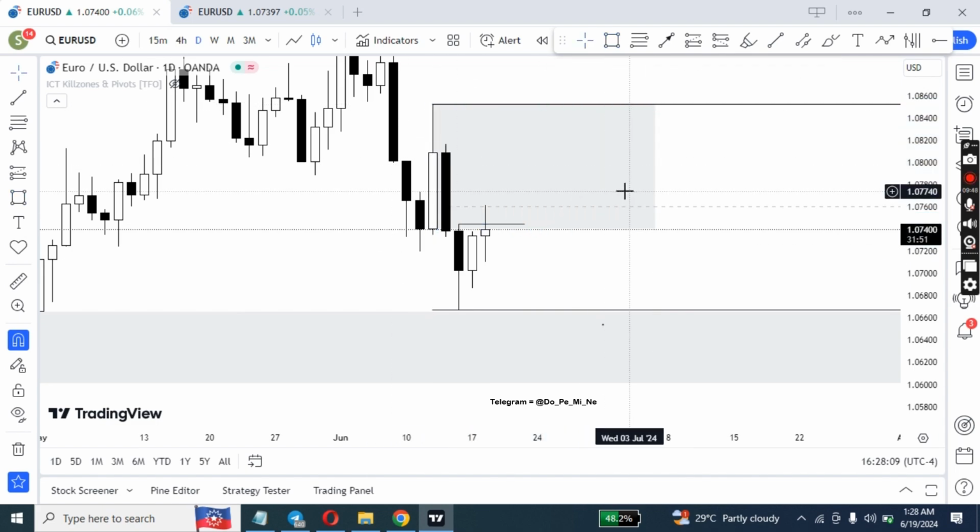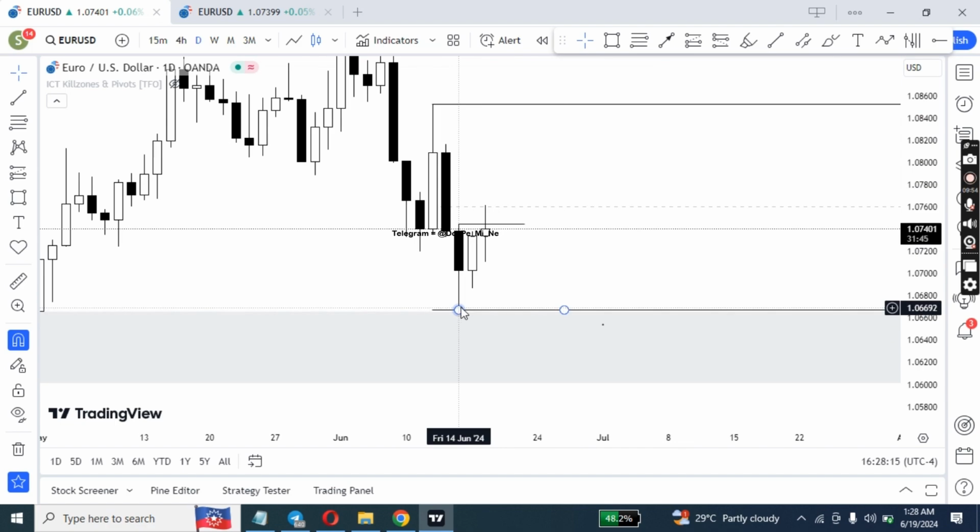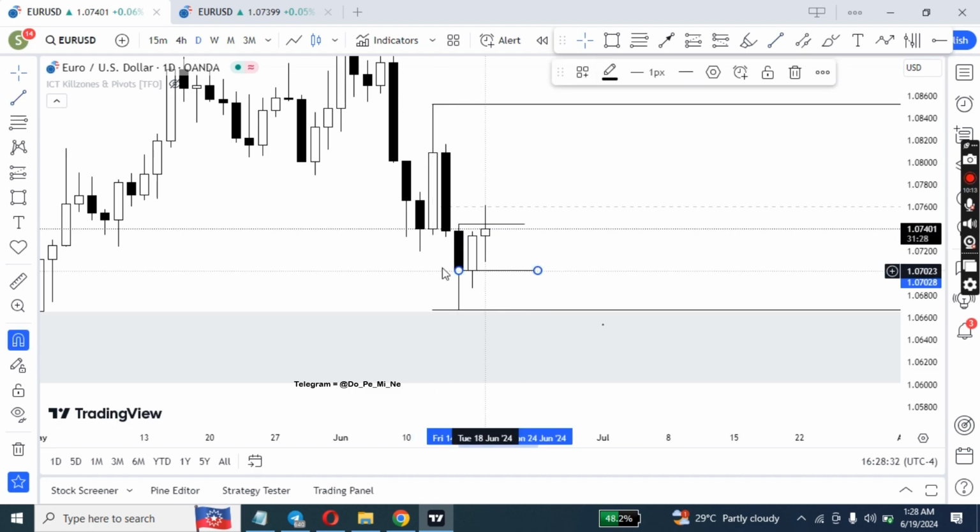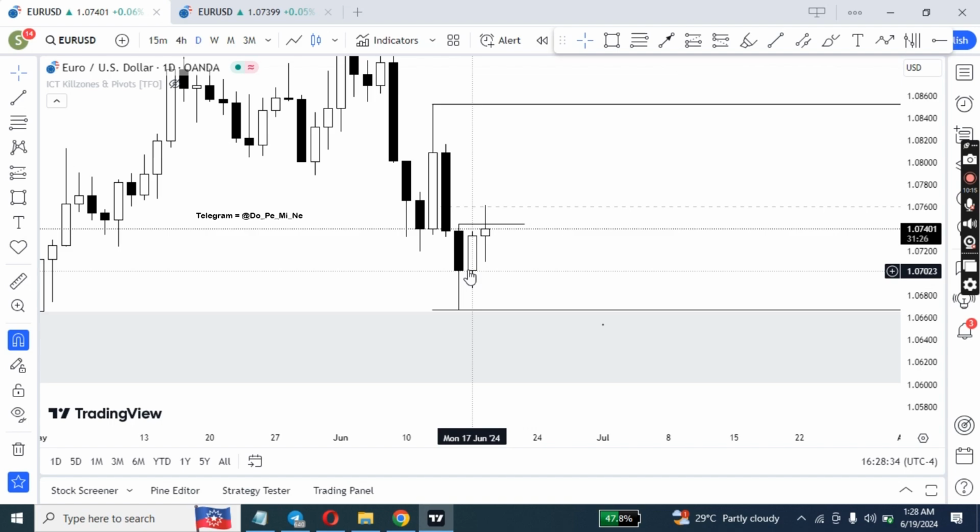Now I'm expecting price to first of all take this low right here, this weekly low right here. So to frame that on the daily time frame, I was expecting this daily high to be taken, right? This Friday's daily high to be taken, and then price to react from here, and then potentially come down lower, or either to test this rejection block and then potentially expands either from here or from here, right?